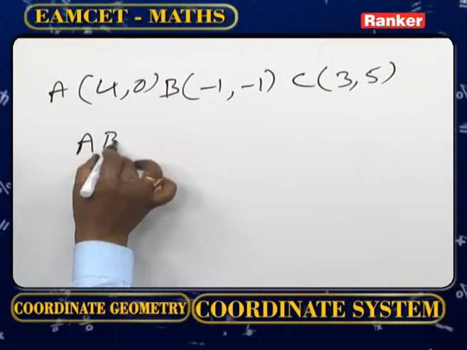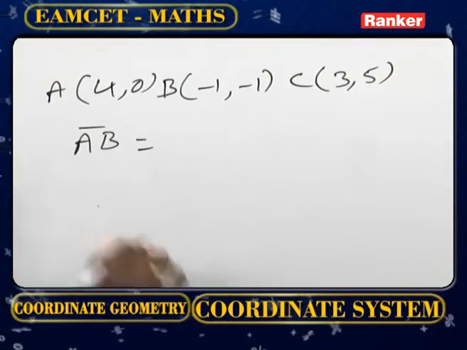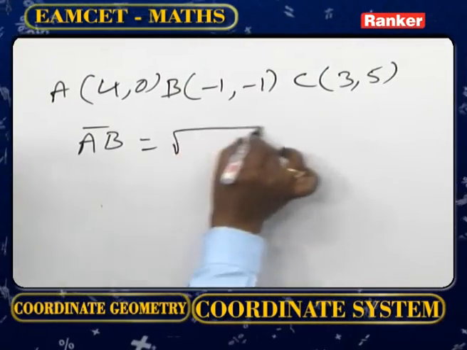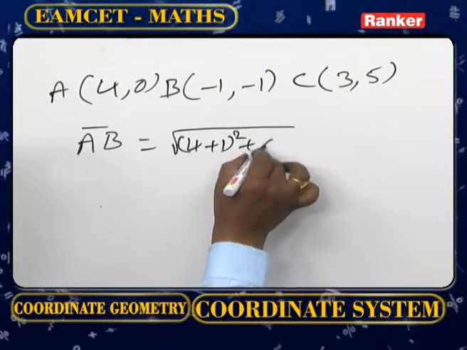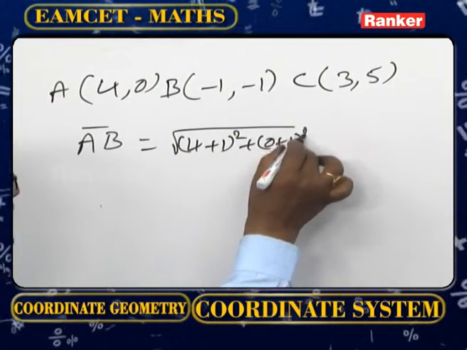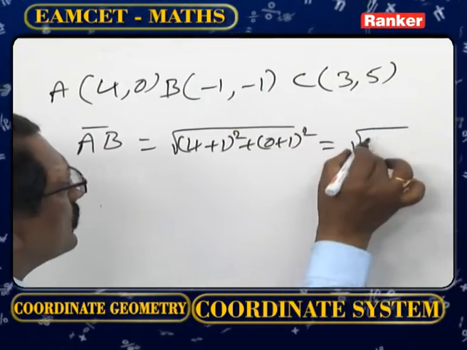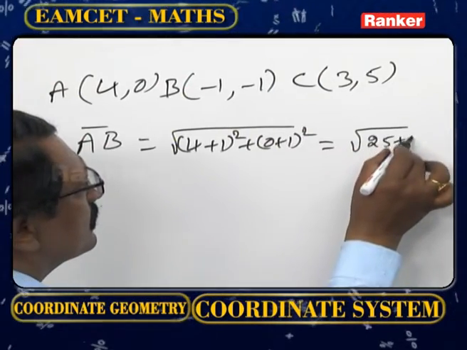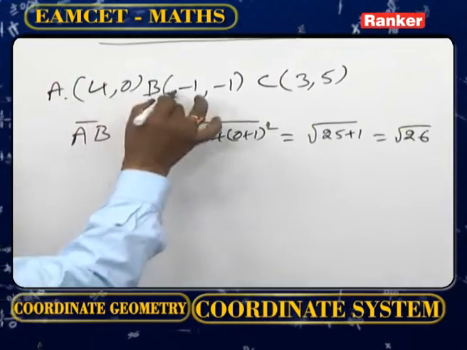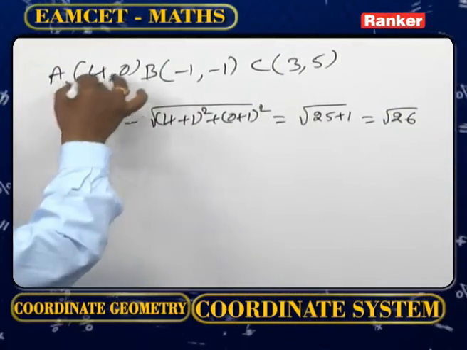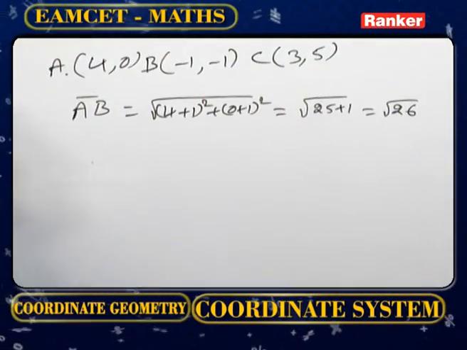Now AB, the distance between A and B, equals square root of 4 minus of minus 1 whole square plus 0 minus of minus 1 whole square, that equals root of 25 plus 1, that equals root 26.